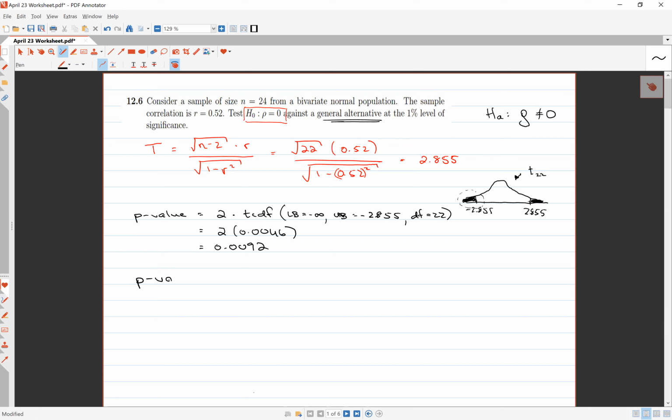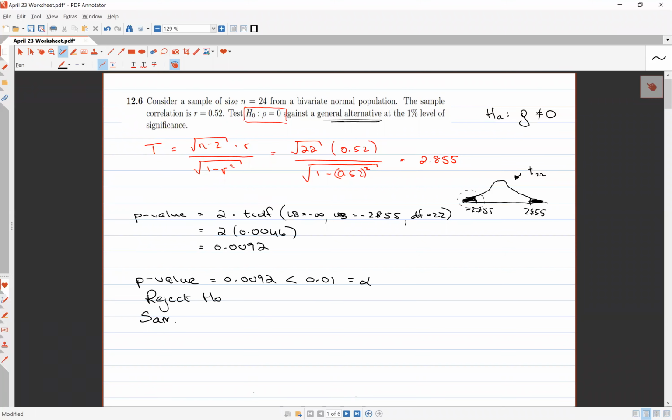That means since we're using a 1% level of significance, our p-value is less than alpha, which means we reject the null hypothesis.